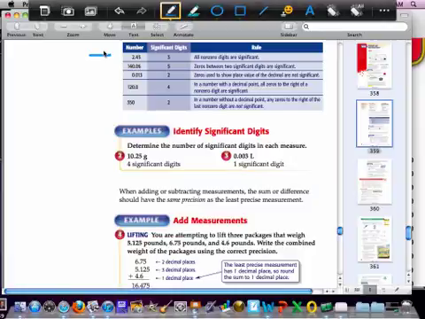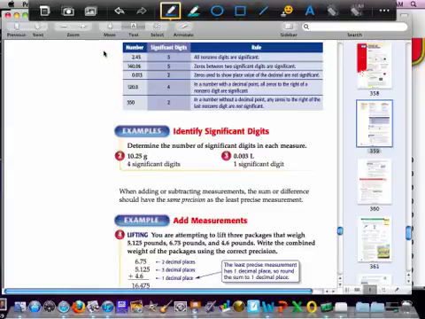So in my first example, 2.45, it has 3 significant digits because all of those are numbers from 1 to 9. Every other rule we have, these other 4 rules, all deal with 0. So 0 is kind of our tricky one when it comes to significant digits.